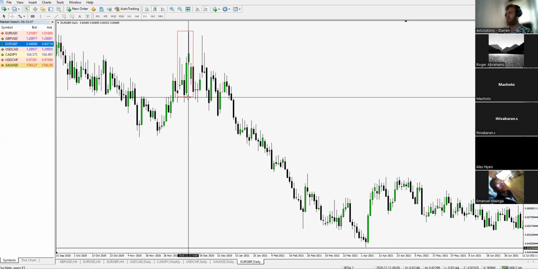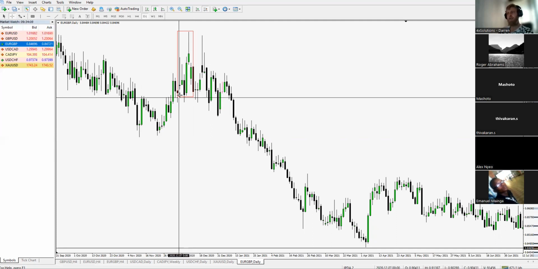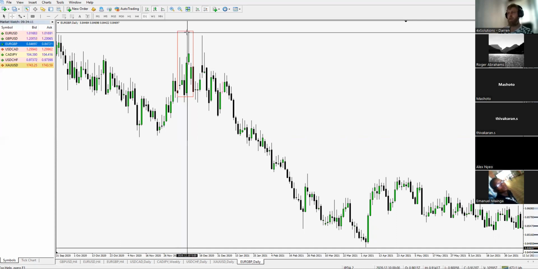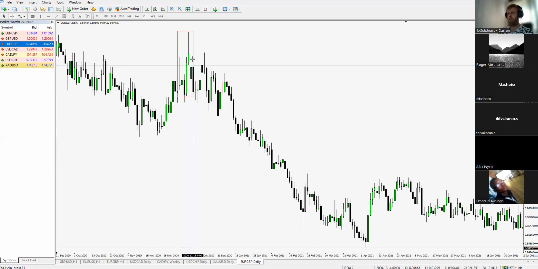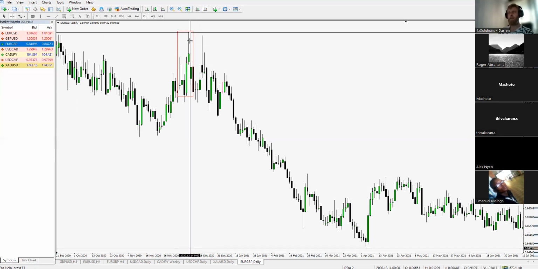Generally with impulsive decisions on a higher time frame, it should allow itself to close higher or close lower based on the direction it's impulsively moving. So here, it impulsively moved higher and it rejected over here, as we can see. It didn't actually close higher when it was an impulsive move.